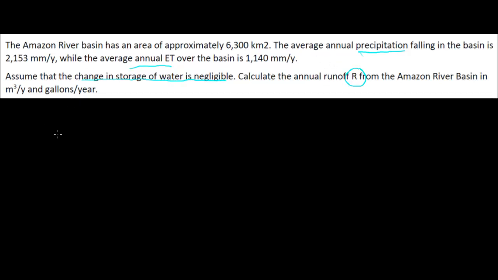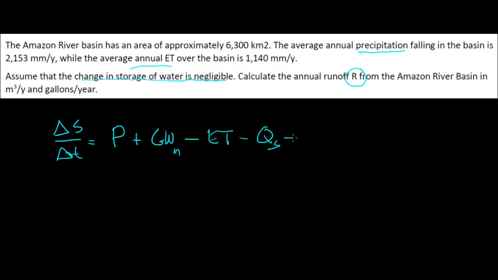In general, remember the storage equation for a watershed can be written as the change in storage over time is equal to the inputs, which are precipitation, plus, let's include everything in here, groundwater in, minus the outputs, which would be evapotranspiration and stream flow and groundwater out.